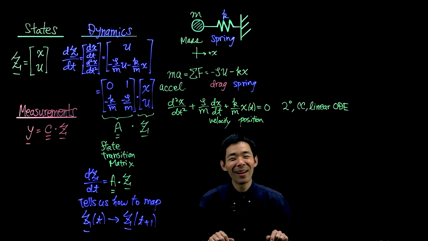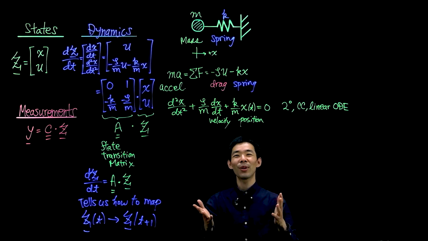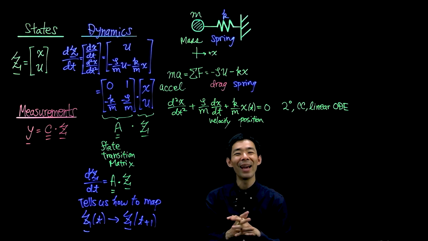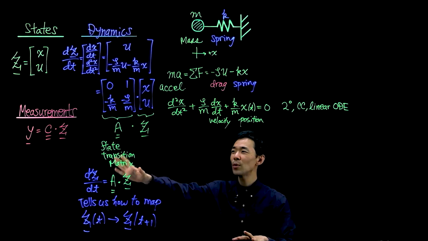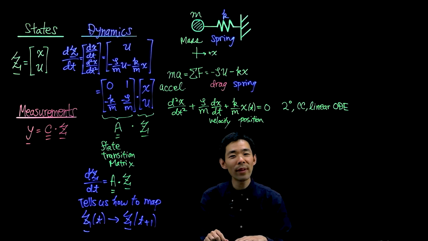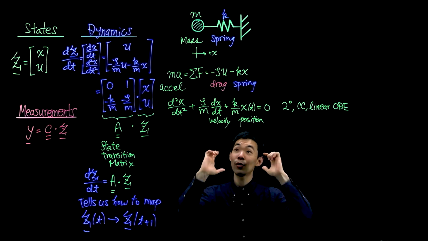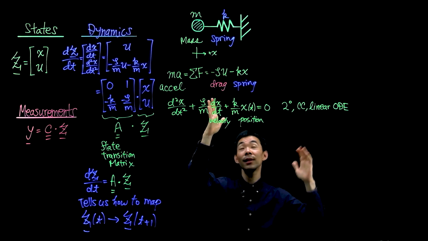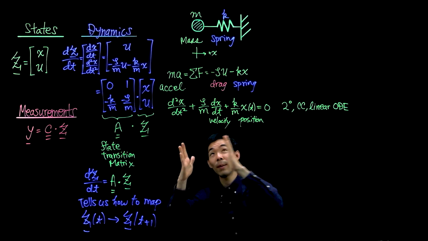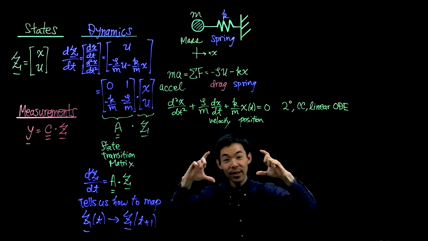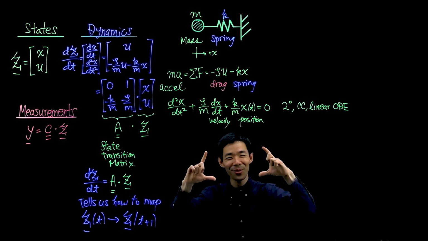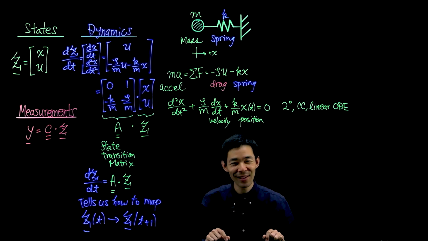Now, in this particular case, because we're covering observability and embedding, let's suppose that your measurements are only measuring position. So you have a camera, you're taking a picture of this mass and spring, this mass going back and forth, and you're taking instantaneous pictures of this system.